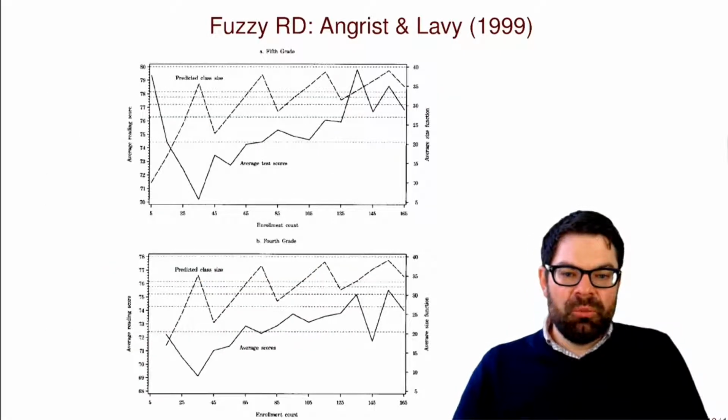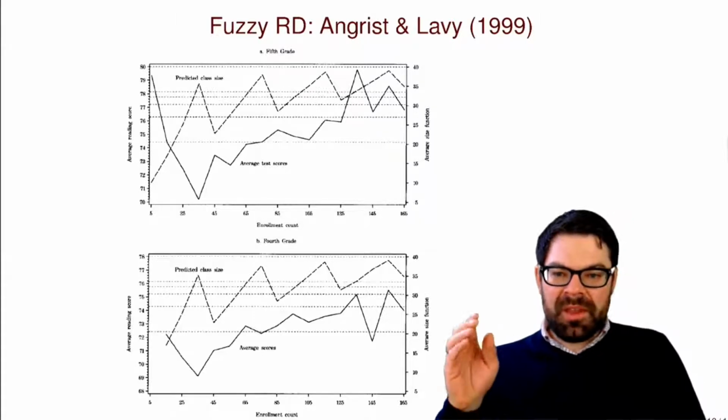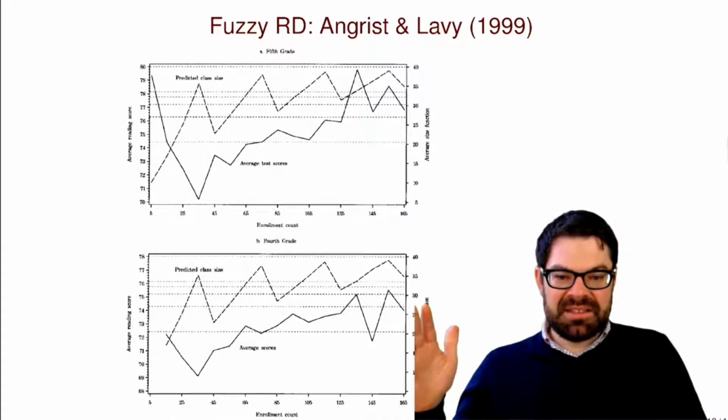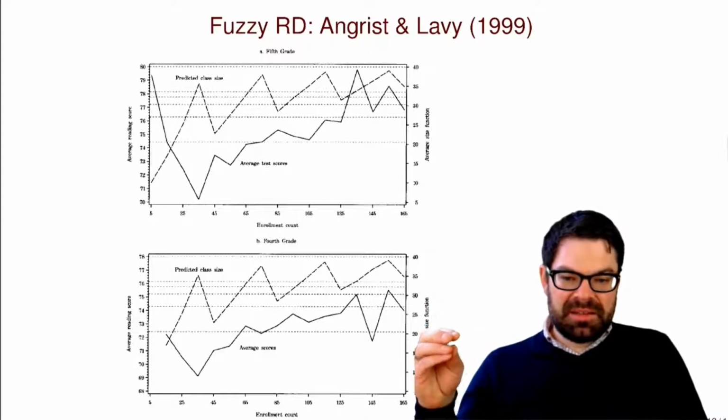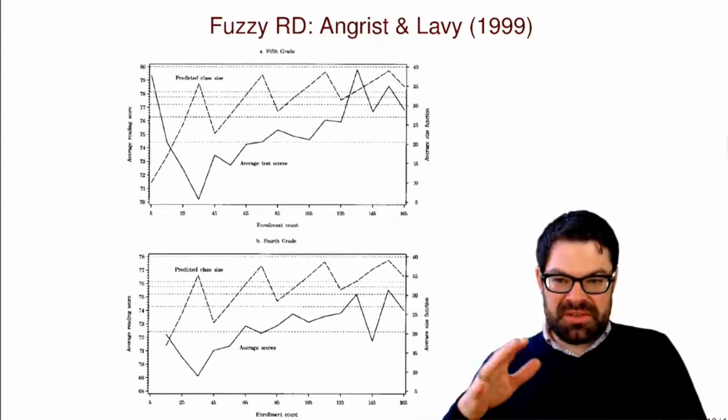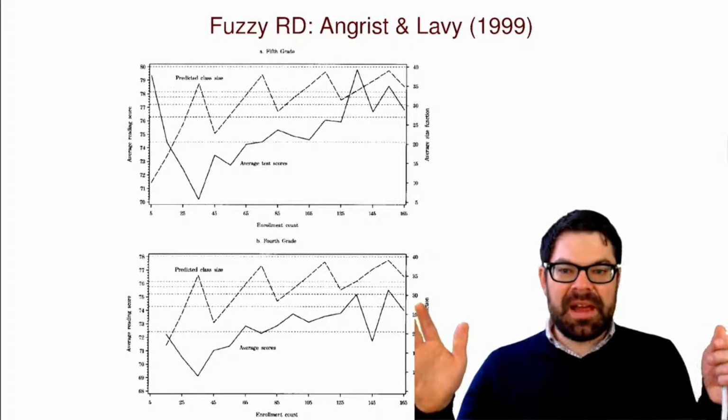Now, what we can see here is what they do very nicely: they have on one vertical axis the test scores, on the left, and on the right they have the class size.